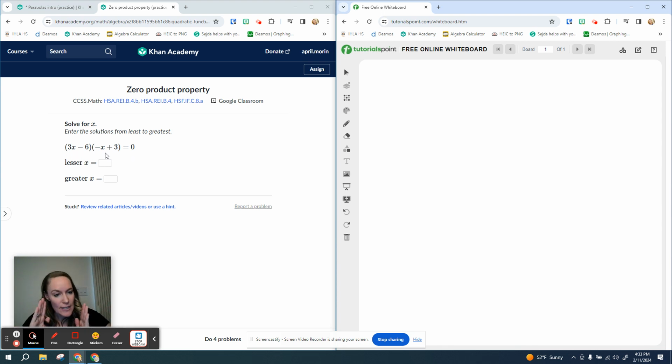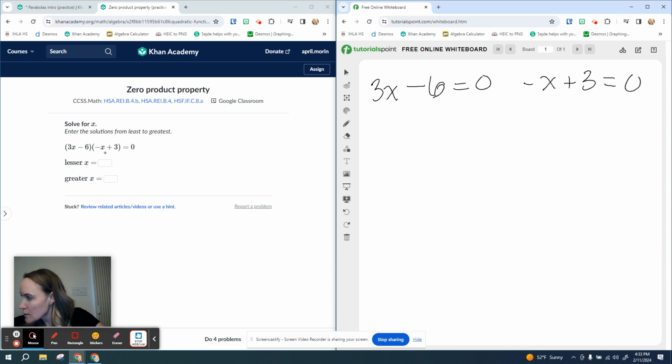So I can just take apart these equations and I can have 3x minus 6 equals 0, and I can have negative x plus 3 equal 0. I can take this apart because I have this part times 0, that would equal 0, and then I have 0 times the second part equals 0 as well. So this is how we solve.